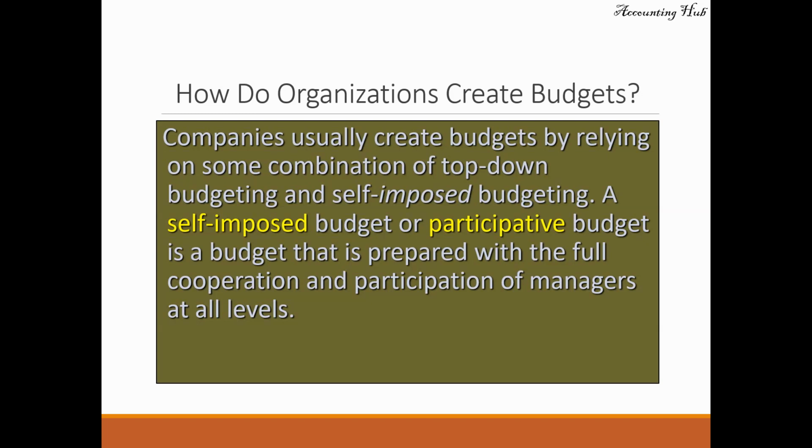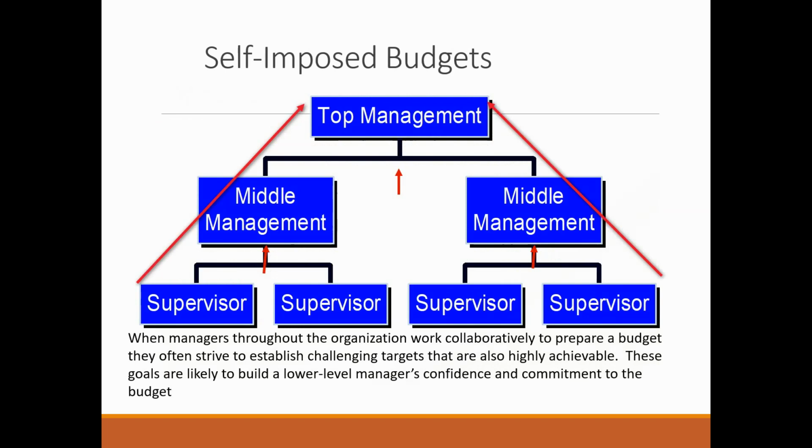And here, not only companies, but any kind of organization, public, private, profit, non-profit, etc. And the self-imposed, we start with the supervisors and then they send it to the middle management, they send it to the top manager. So it is self-imposed budget.